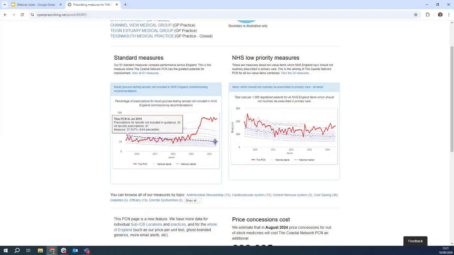Then we have the blue line. This big dashed blue line here is what we call the national median. So 50% of practices' data for this measure is below this, and 50% of the national practice performance is above this. So this is where 50% are. If you're above it, you're in the top half. If you're below it, you're in the bottom half of the country.